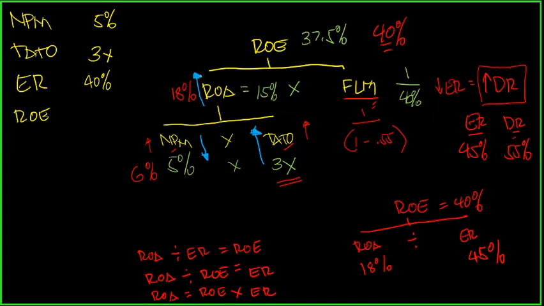Then that decision is favorable. Why? Even if it resulted to a net profit margin that is lower, but as a whole, it resulted to a higher return on asset.